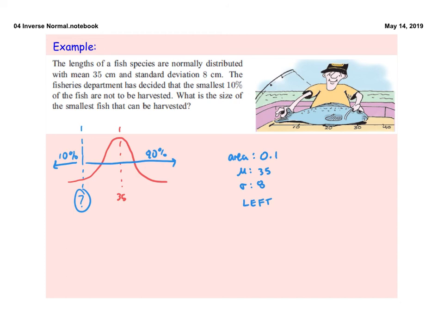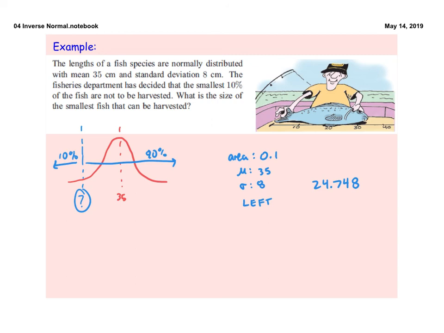And so I get 24.74, and I'm going to round that up to 25. Again, I'm assuming maybe that they're just going to measure the fish by the whole centimeter.